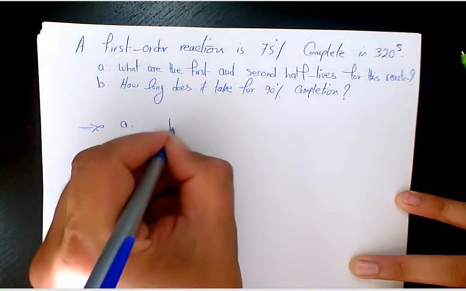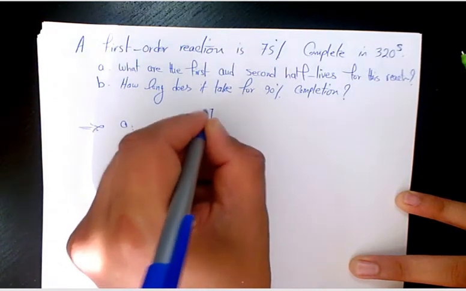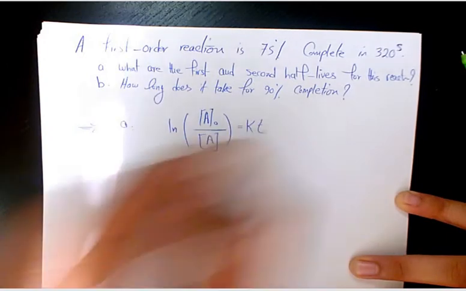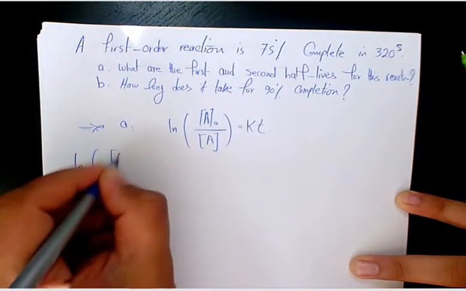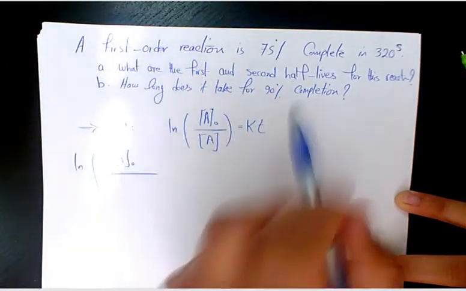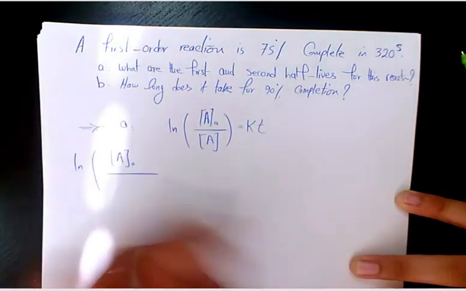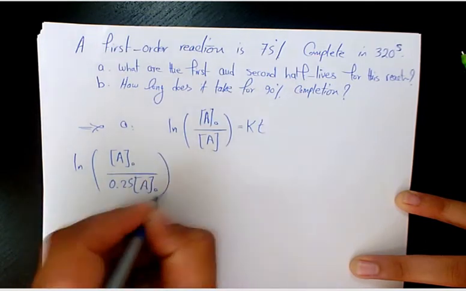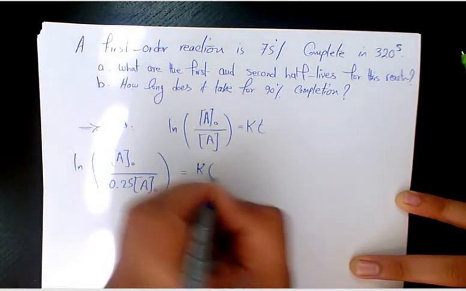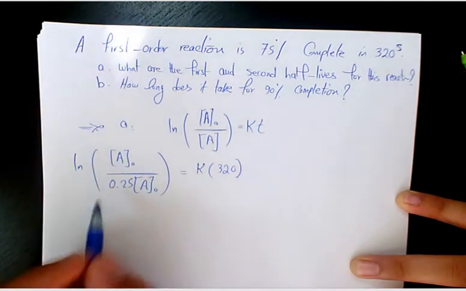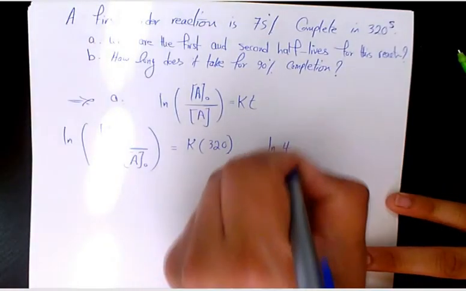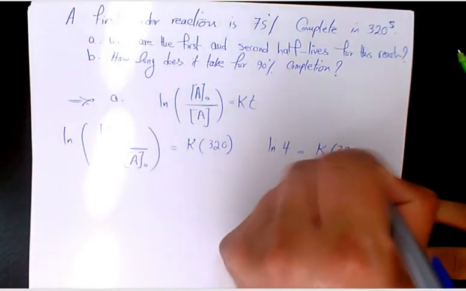We said ln A naught over A equals kt. 75% complete means that 25% remaining, so it's going to be 0.25 of A naught equals k times t, which is 320. When these two cancel out, 1 over 0.25 is going to be ln 4 equals k times 320.